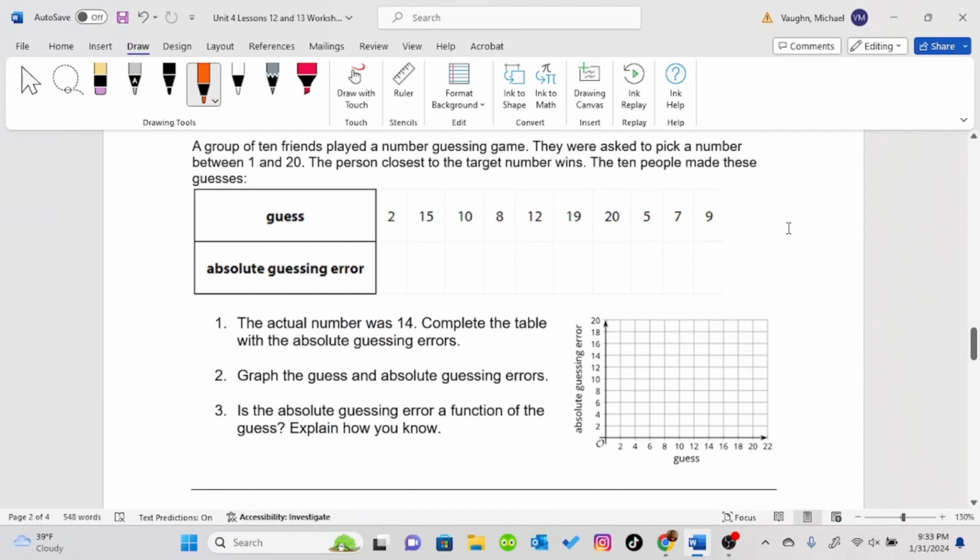So now we start with the practice problems for lesson 13. This lesson begins to look at absolute value functions.